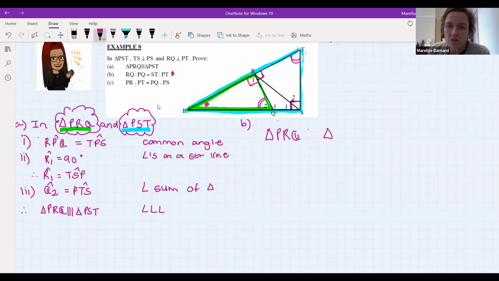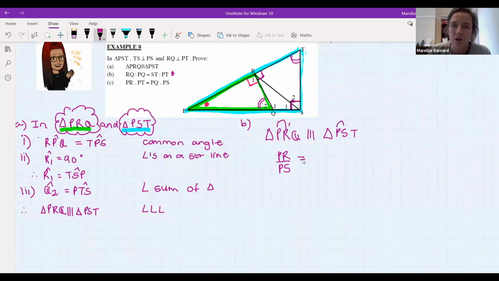So here are my two similar triangles, PRQ and PST. Now we're going to set up the sides that are in proportion. We're going to make one eye of the frog with PR over PS. Those two sides are in proportion.